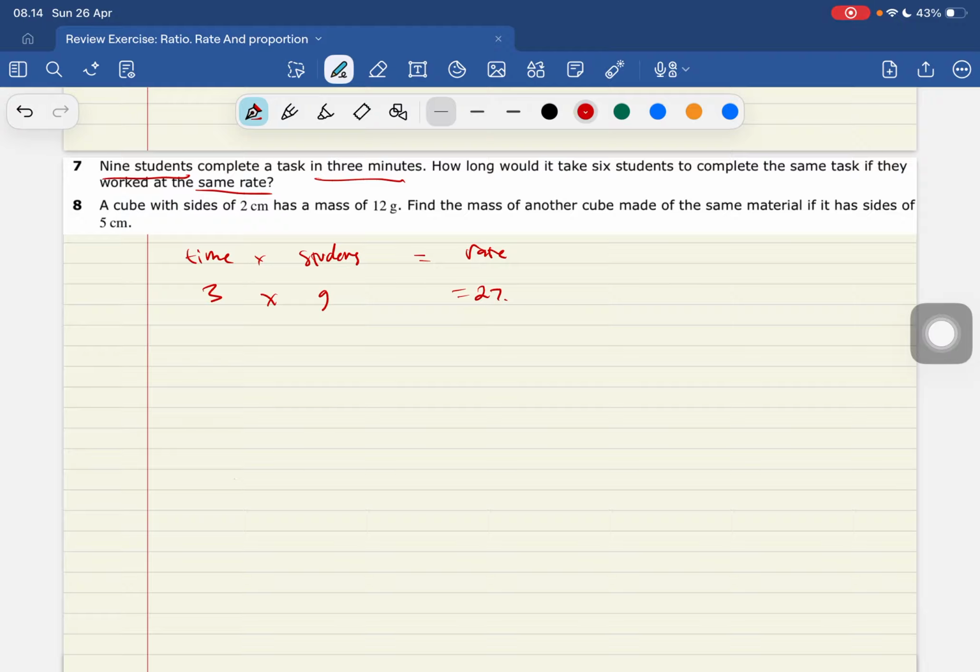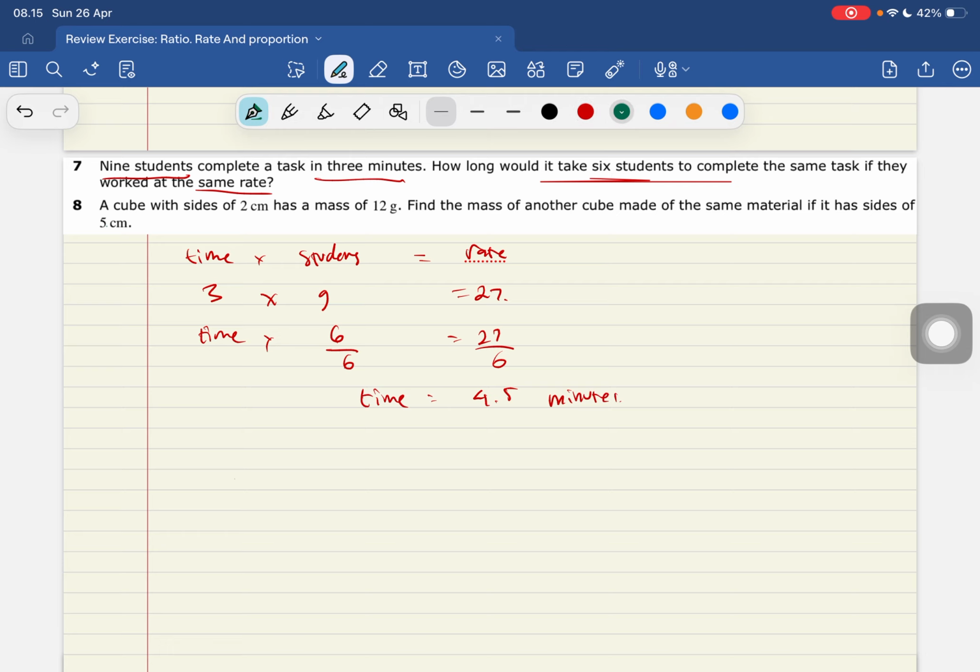So you get 27. So what is the time when we have 6 students? The rate is still the same, 27. So we divide both sides by 6. So the time they need is 4.5 minutes.